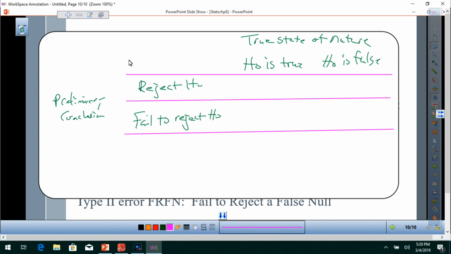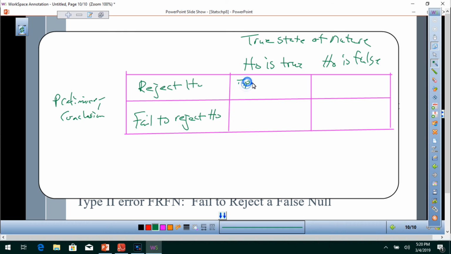And then we got something that goes like this. They're not exactly straight, are they? Reject the null hypothesis when it is actually true is a type 1 error. And this right here would be a correct decision.